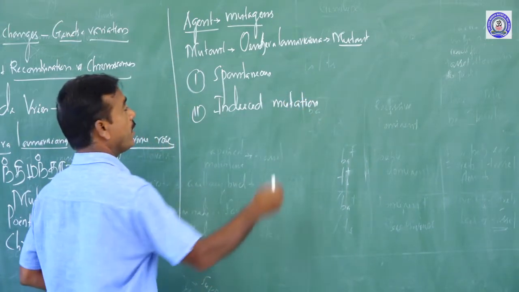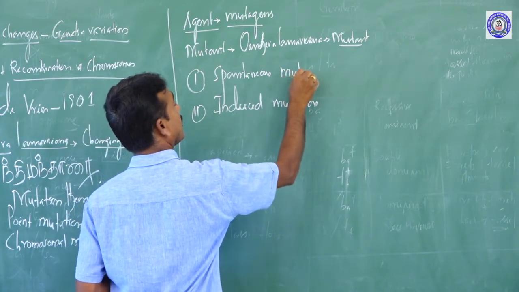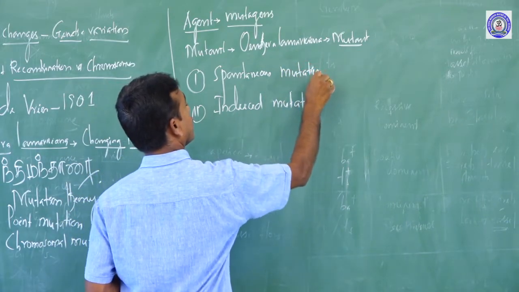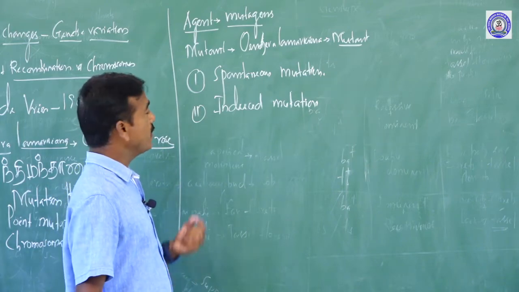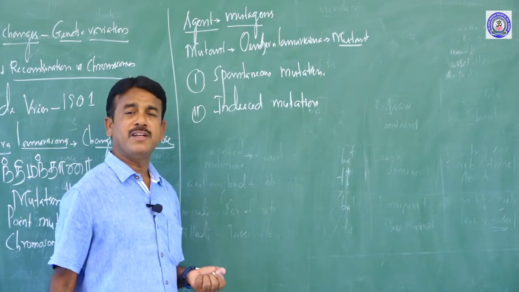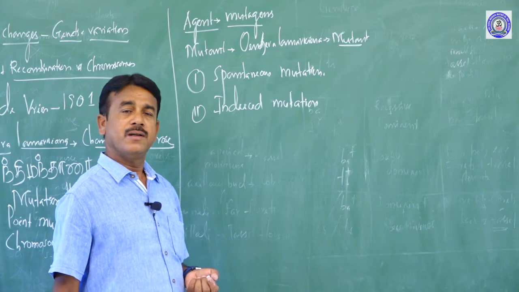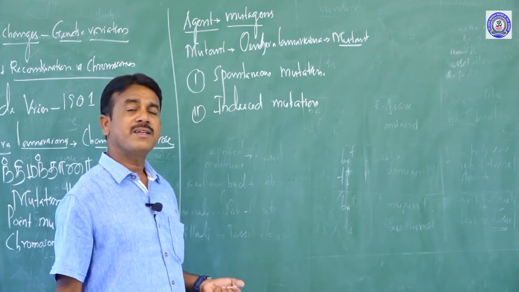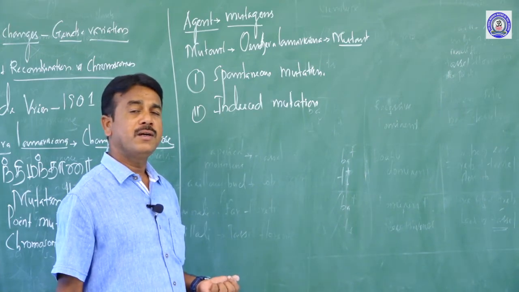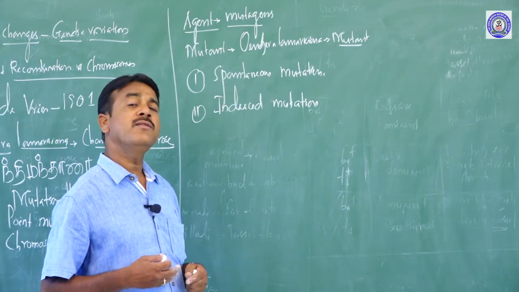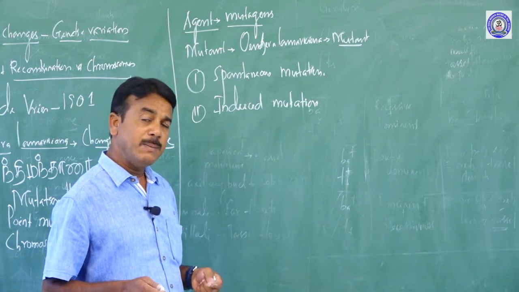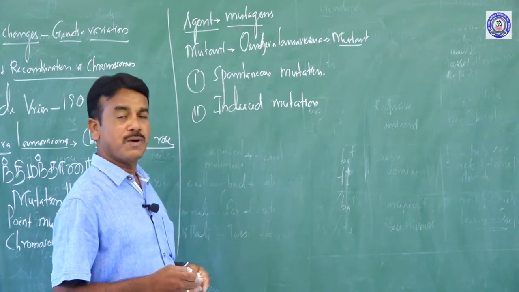So, spontaneous mutation, then induced mutation. What is the meaning of spontaneous mutation? In general, in somatic cells and reproductive cells, a mutation that appears without any influence is commonly called spontaneous.